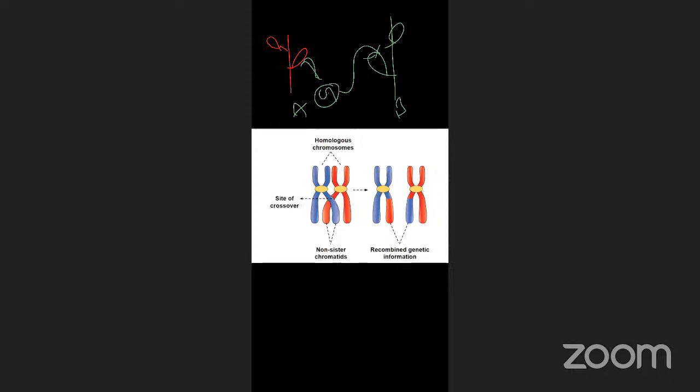Through vectors, they are injected into the other plant. Now what happened here? That gene was transferred from one plant to another plant, one organism to another organism. Later, all the desired characters of the A plant are obtained in the B plant also.